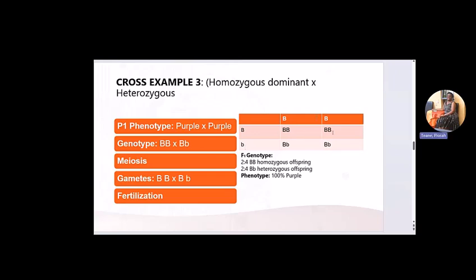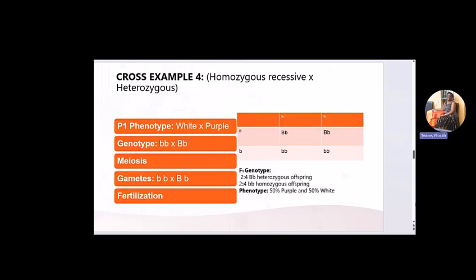And these are the offspring, the first filial generation. What is the genotype? Two of these offspring have the same genotype. They both have two capital letter B's, and another two also have the same genotype, which is capital letter B and small letter b. But as far as the phenotype is concerned, they are all purple.